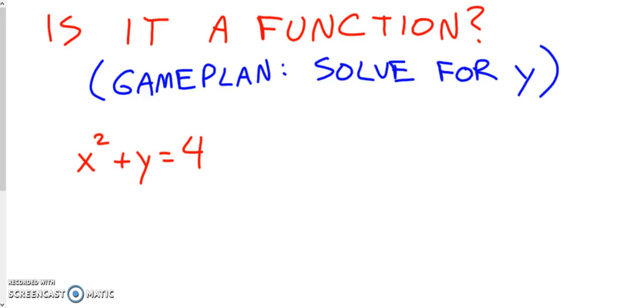I'm so sorry, I still can't hear you. I don't need a 0 per se, I need to get y by itself. All right. That's so embarrassing when you can't hear what people are telling you.